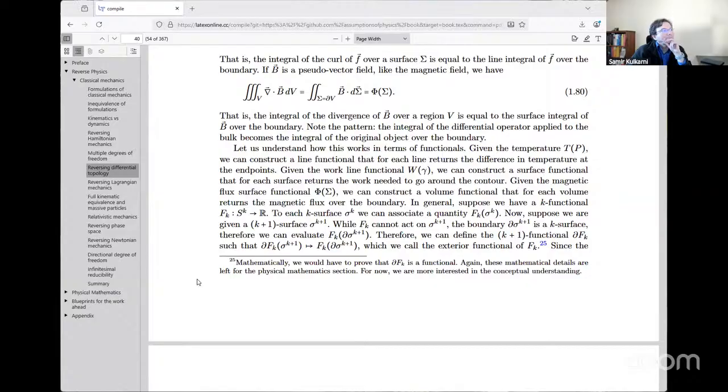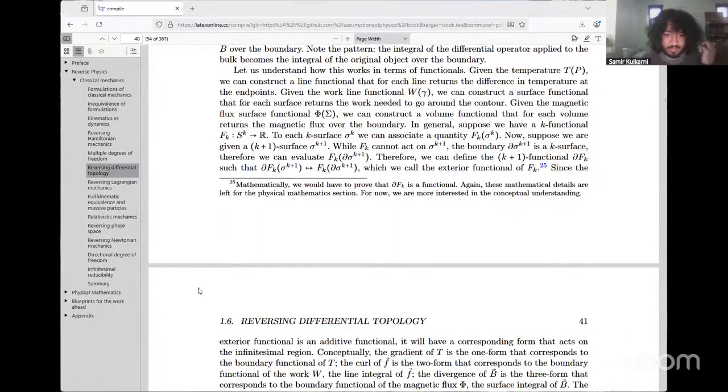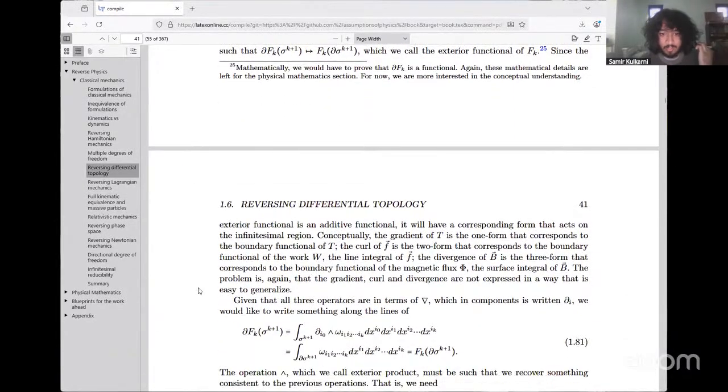maps to f_k of partial sigma k plus 1, which we call the exterior functional of f_k. Since the exterior functional is an additive functional, it will have a corresponding form that acts on the infinitesimal region.